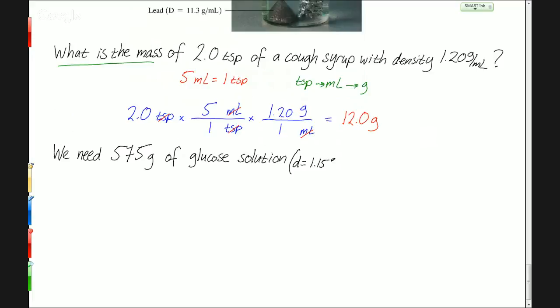Density is 1.15 grams per milliliter. How many liters is that? So you want 575 grams. The density is given. How many liters do we need? This time I'm not going to start you off. See if you can find the plan of going from unit to unit, then set up your expression and come up with an answer.